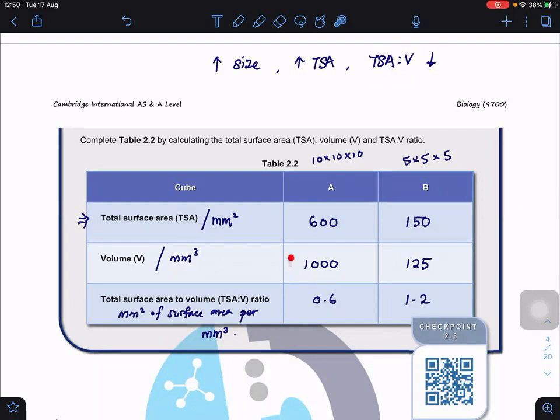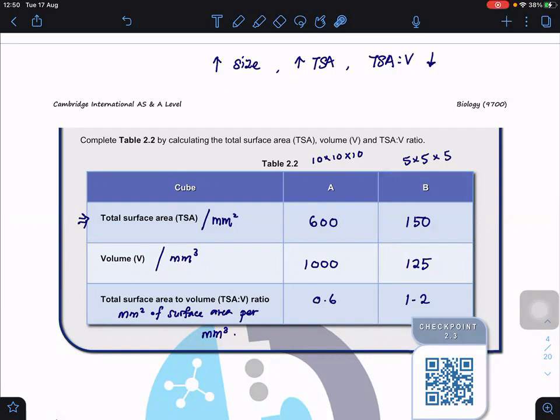So when you divide by a large value, definitely the ratio will be lower. This is something you have to understand, because Paper 1 always tricks the students. Saying that increasing the size of the organism or cells decreases the total surface area is wrong. It is the total surface area to volume ratio.